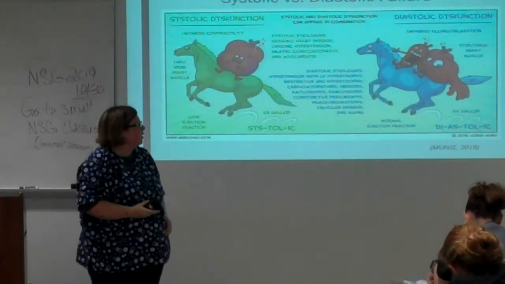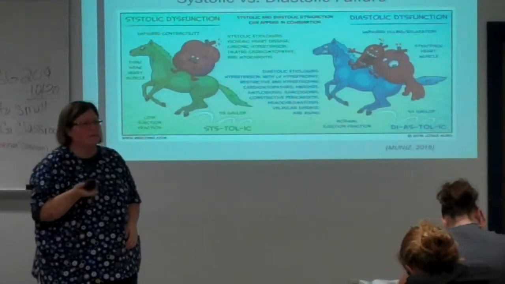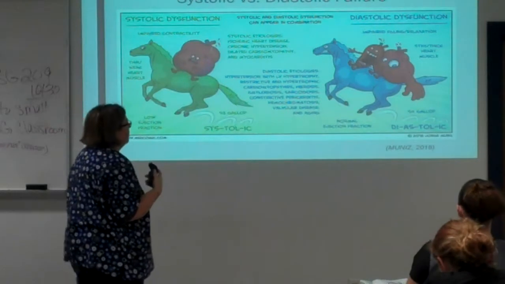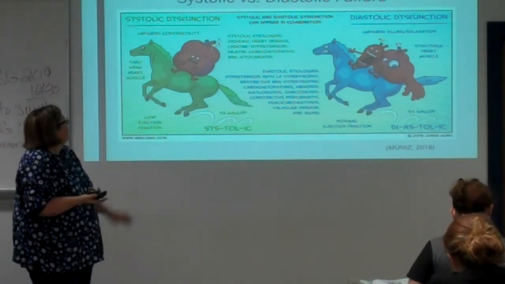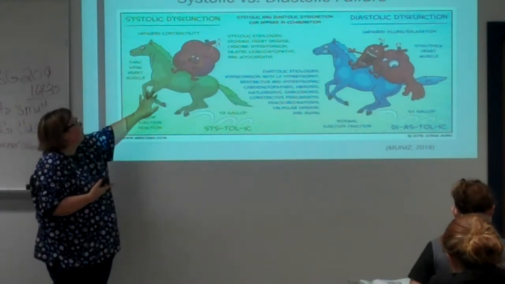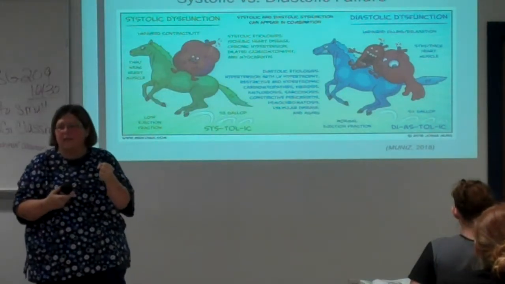Okay, so this is a good picture. I know it's a little hard to see on your PowerPoint. I just Googled systolic versus diastolic, and this is what came up. So what's going on between the two? Systolic is impaired contractility. It's not going to contract with much force.